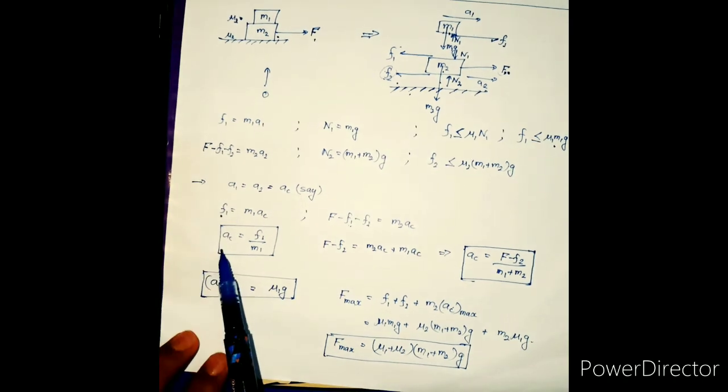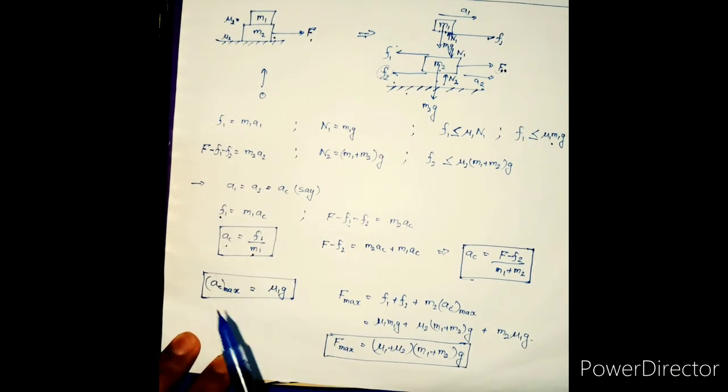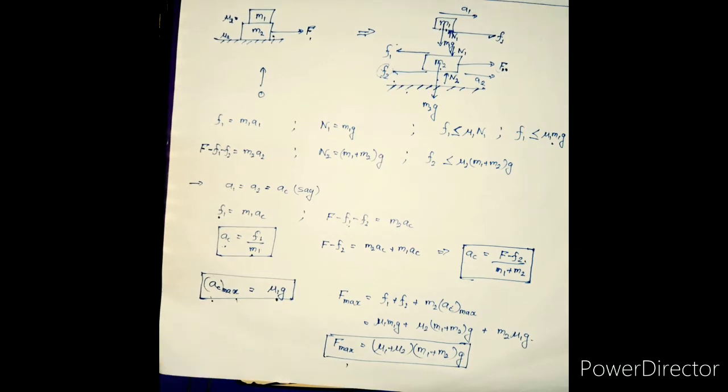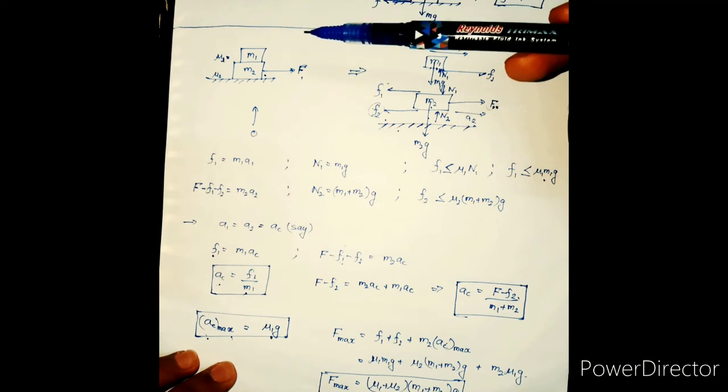These are the two equations we are getting when the external force is applied on the lower block. Here it is the equation for common acceleration in terms of F1, and this is in terms of F2, and this is the maximum limit for the common acceleration, mu1g, and the maximum force that can be applied so that both blocks move together. In a similar way, we can find the case when the external force is applied on the upper block, right?